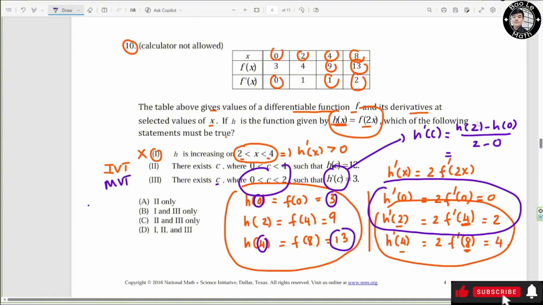Now h of 2 we get 9 right here, h of 0 we get 3 right here, divide by 2, right? 9 subtract 3 is 6, divided by 2 is 3, exactly this value right here, right? So 2 and 3 are correct, right? So the answer must be C.